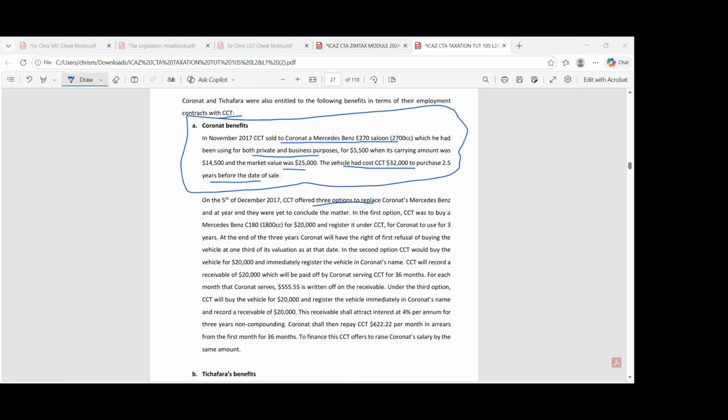So they are testing between tax planning, tax evasion, team, and tax avoidance. These 3 things, team, you need to understand the difference between in detail.